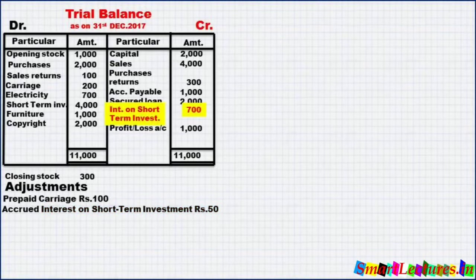It means interest has been received at 700, but still we have to receive more, and that amount is 50. Actually we were supposed to get interest 750, but we could get only 700, and 50 rupees will be received in future. It is due from the provider.